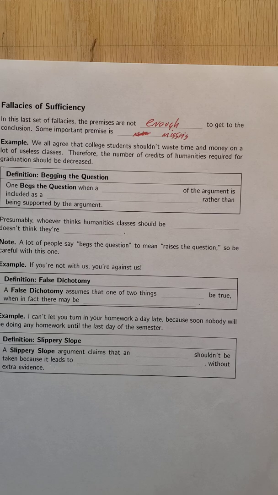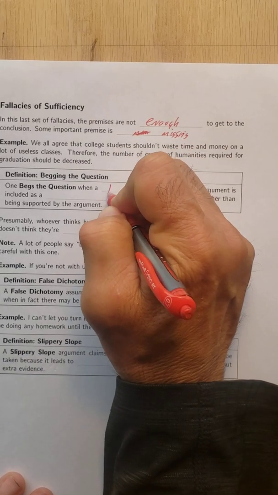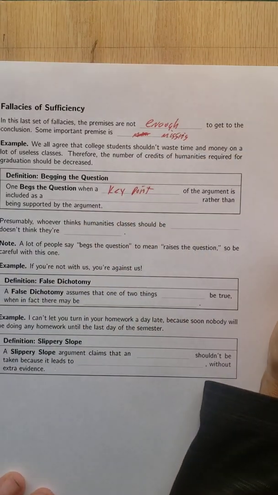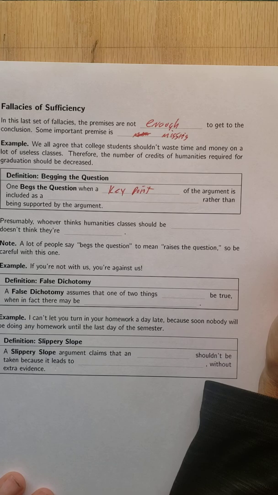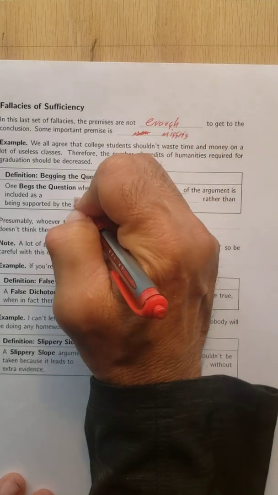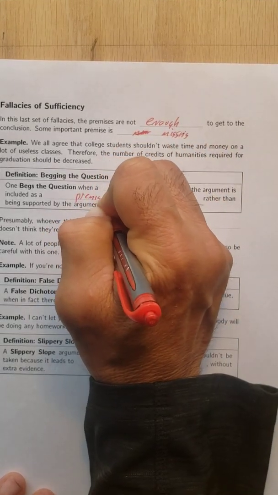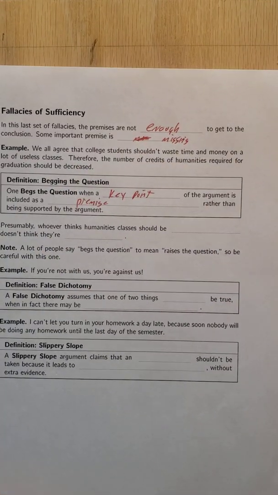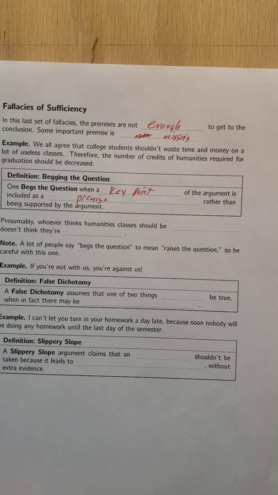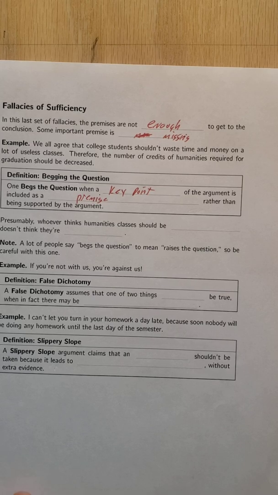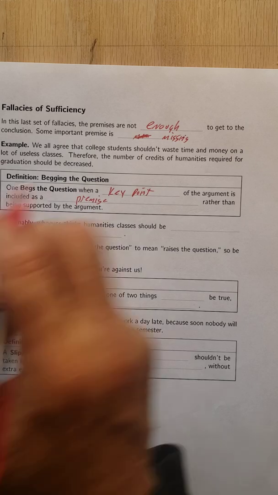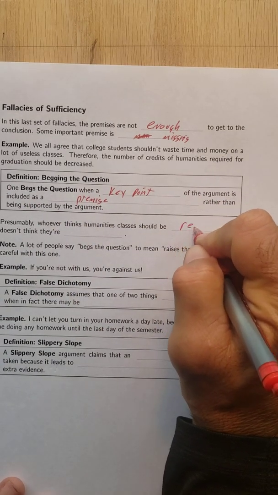Okay? One begs the question when a key point of the argument is included as a premise. Okay? Often not stated. Presumably, whoever thinks humanities classes should be required doesn't think they're useless.